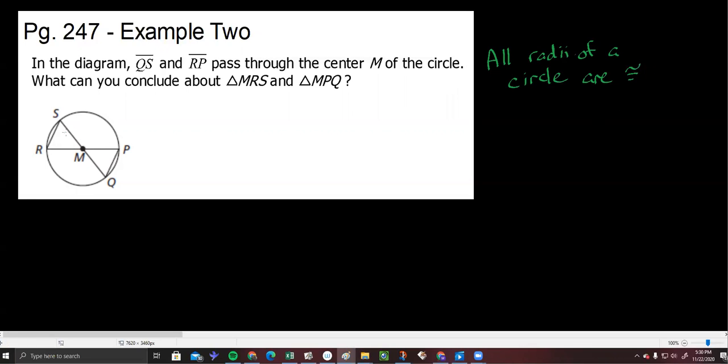So specifically, we know that MS and MQ are congruent to each other because those are radii of a circle. And we also know that MP and RM are congruent to each other.